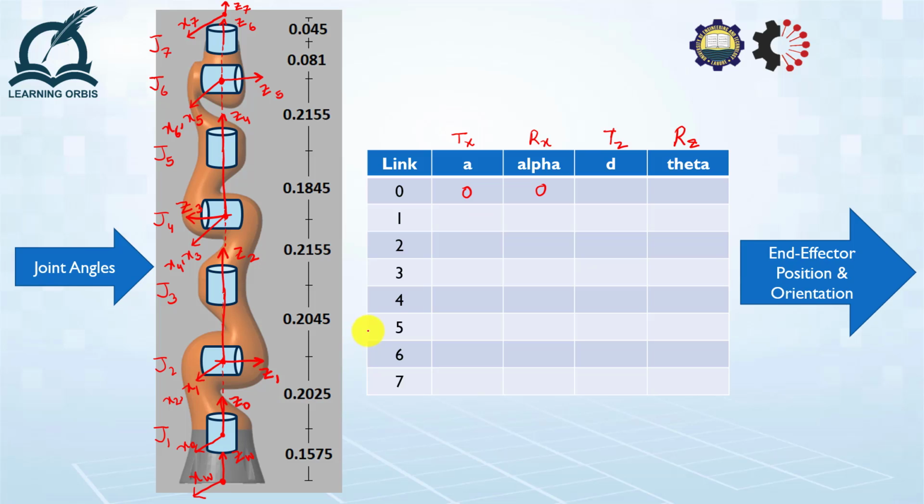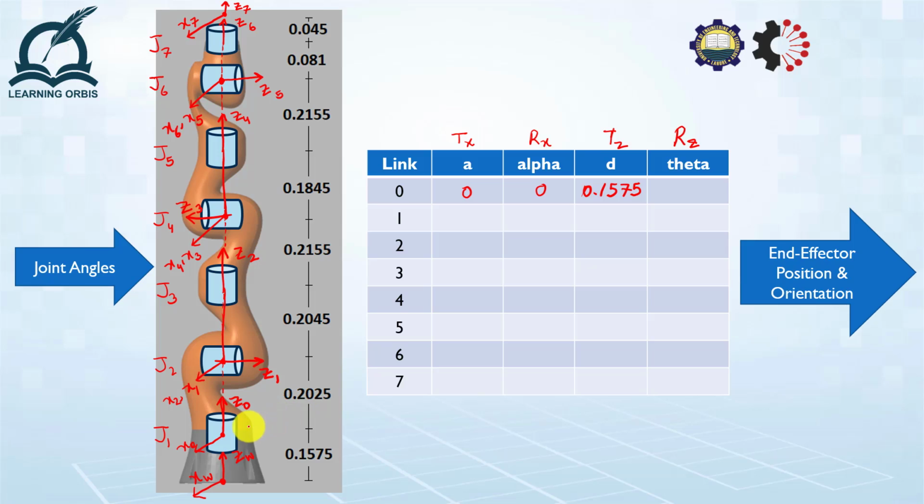After this, what is the translation in the z-axis? If we are at this point, this is our starting point, and we have to translate by 0.1575 units in the z-axis so that we can reach this point. So over here, I can write 0.1575.